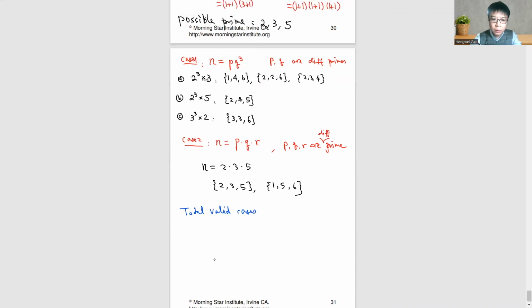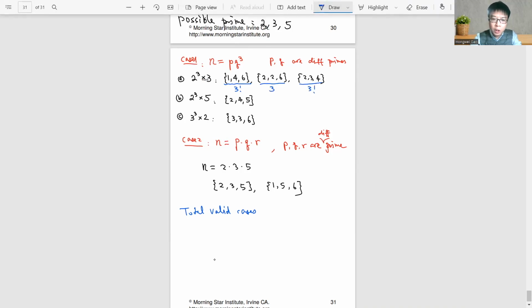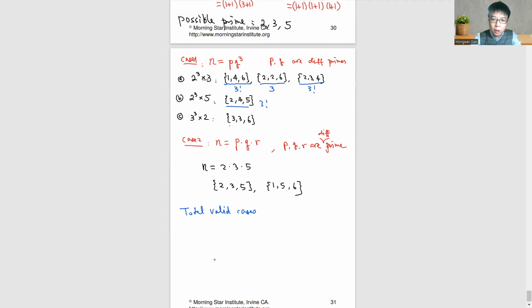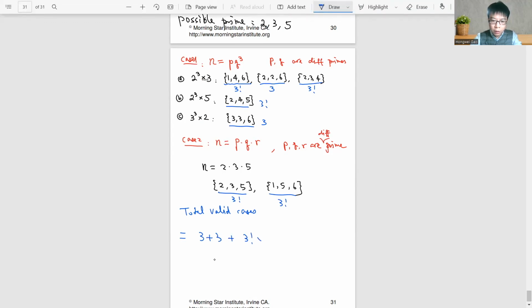Now, if the 3 numbers are distinct, we have 3 factorial permutations. If 2 numbers are the same, we have 3 permutations. So for the cases listed: 3 factorial, 3 factorial, 3, 3 factorial, 3 factorial, and 3 for the case with two 3s.